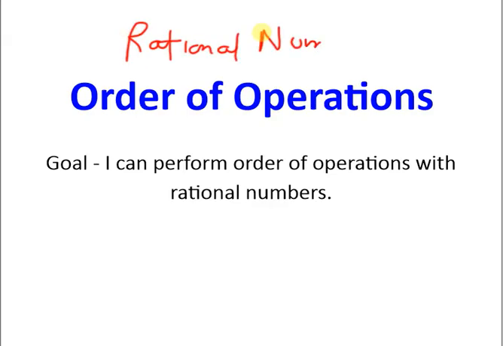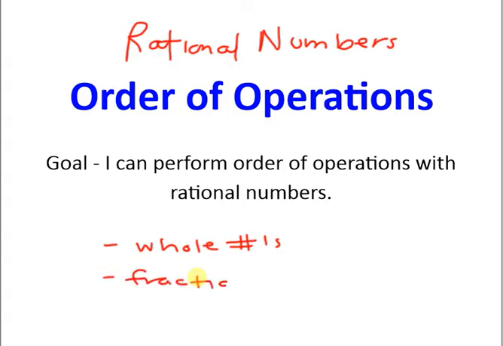What that means is that in an order of operations problem, we're going to have whole numbers, fractions in the same problem as whole numbers, and decimals in the same problems as fractions and whole numbers. You're going to have to switch between all three in order to solve the problem. What you know how to do, it's just going to take a little bit longer.